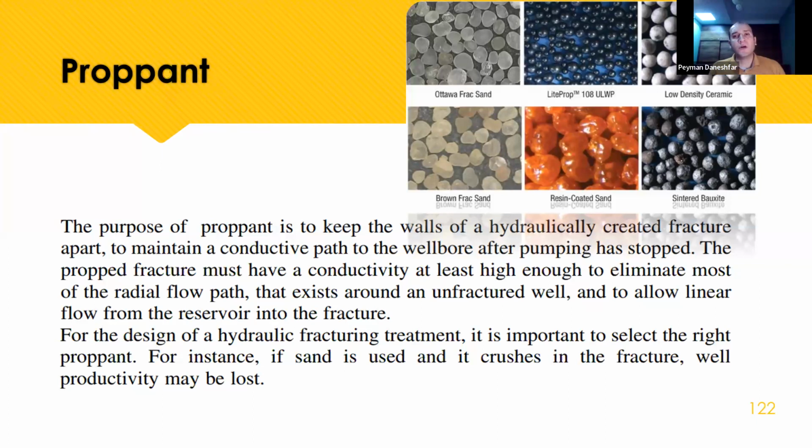So we have a lot of types of proppant, but some of the famous ones you can see in a picture, some low density ceramic.